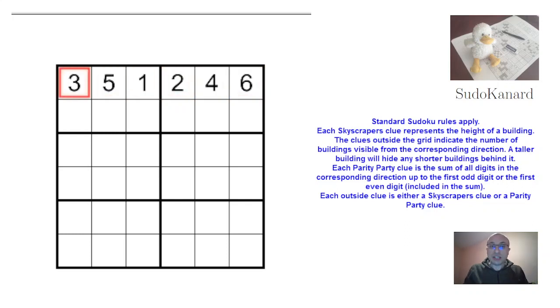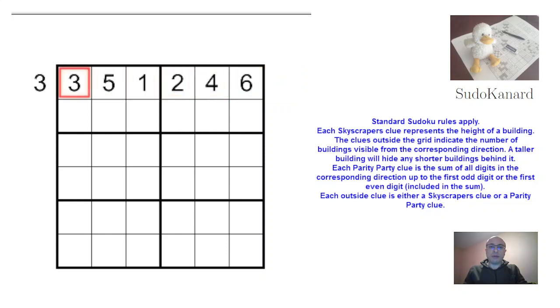So you're seeing 3, 5, 6. So you see 3 buildings, and the skyscraper clue will be 3 in this case. And from the right, you see that 6 hides everyone. So 6 is the only building that is seen, and you put a clue 1 in this right margin.